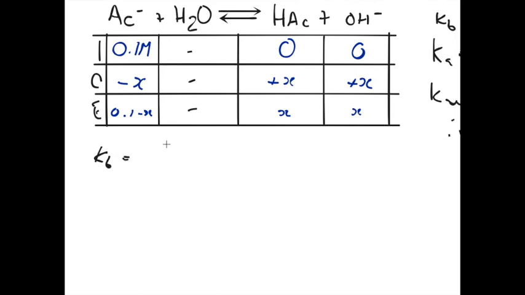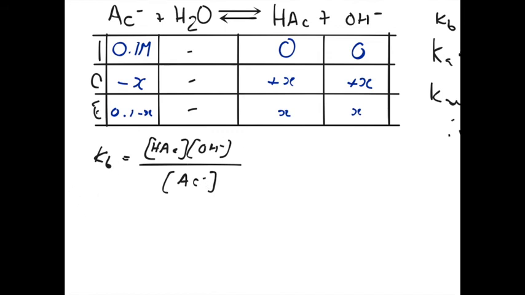Kb is going to be products, HAc times hydroxide, divided by the concentration of the acetate ion. We have a numerical value for Kb.